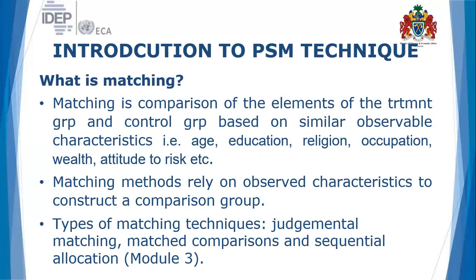Types of matching techniques that are used in practice include judgmental matching, matched comparisons, or sequential allocation, and others that we saw in module 3 on quasi-experimental techniques or designs.